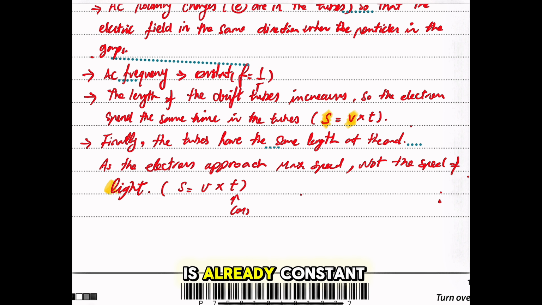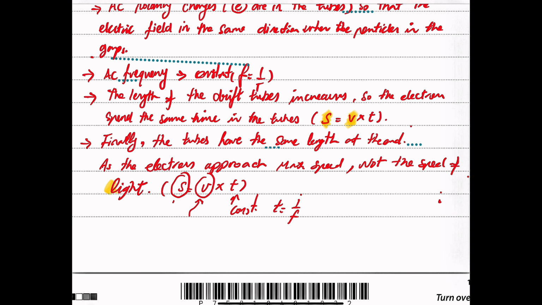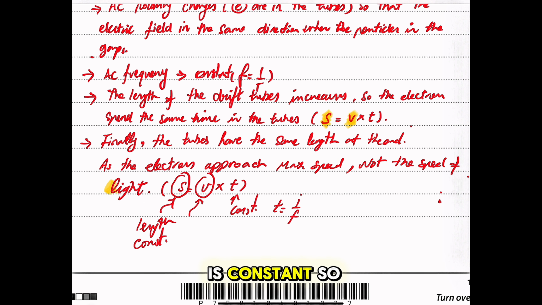The time is already constant from the formula 1 over f, and the length is constant at the end, so the velocity cannot increase. So we have a constant time taken and a constant length, no more increase in the speed. Here we have very high speed, and we try to approach the speed of light, but you cannot reach the speed of light, which is 300 million meters per second.